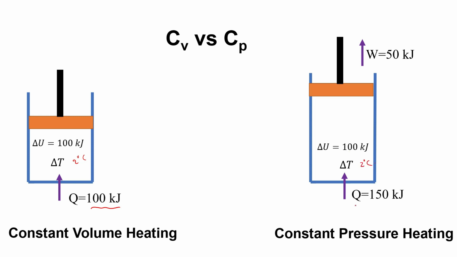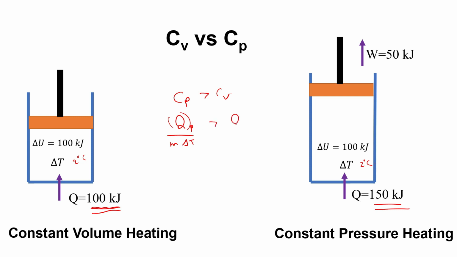But you can see that during constant pressure heating, you need to supply 150 kilojoule. During constant volume heating, you need to supply 100 kilojoule. That is why Cp is greater than Cv. Cp means amount of heat supplied per unit mass per delta T at constant pressure.